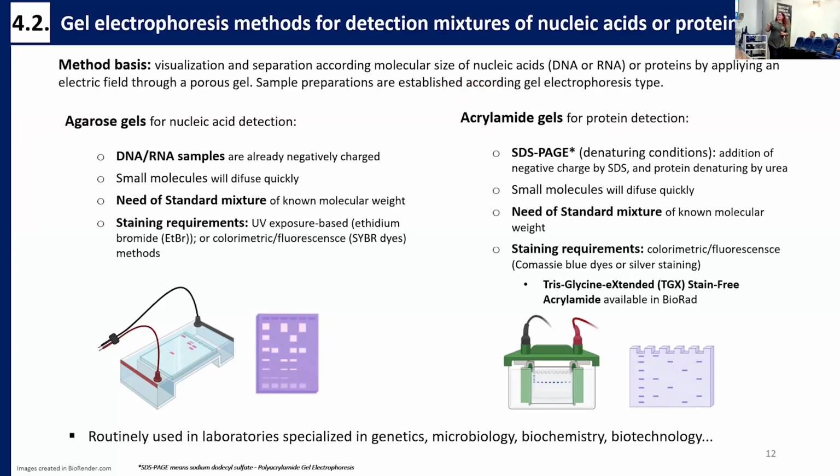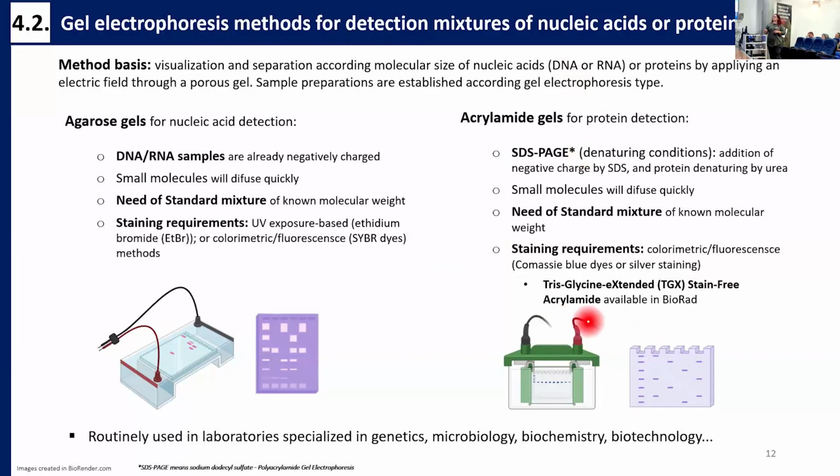In all cases, we need a standard mixture of DNA or proteins of known molecular weight in order to analyze our protein and determine the molecular weight. In conventional methods, we also need staining in both cases.